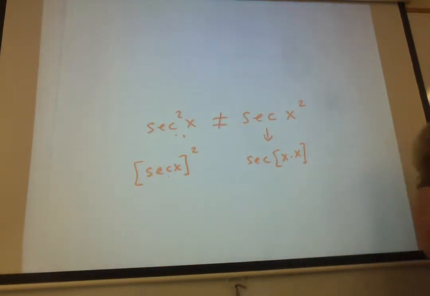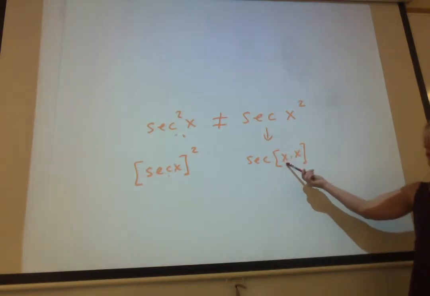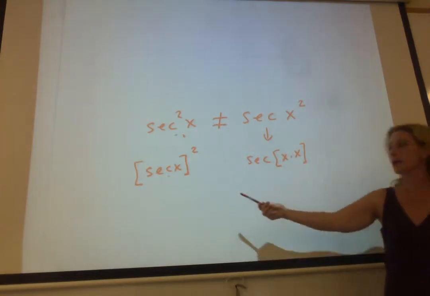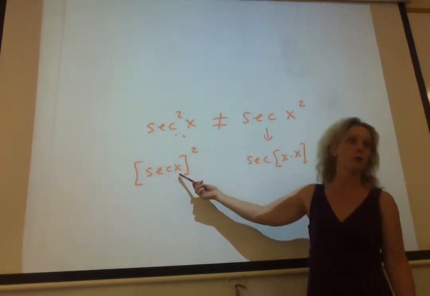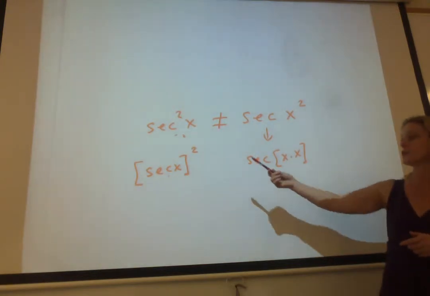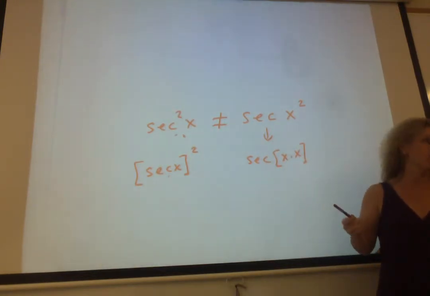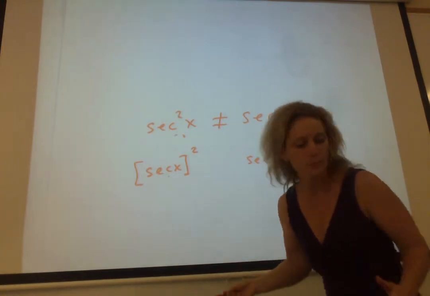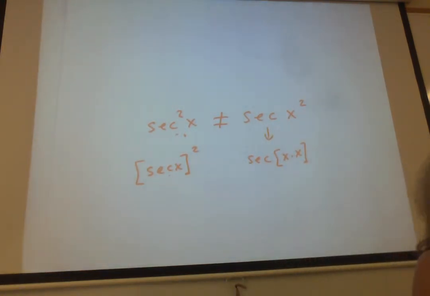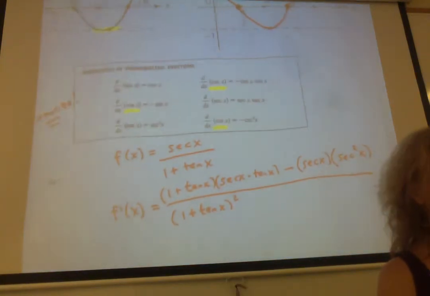In that situation, it happens to be the same, because 0 times 0 is 0. But if I had chosen, let's say, pi over 4, pi over 4 times pi over 4 would be pi squared over 16. Over here, it would be secant at pi over 4. They're not going to get the same answer. So it's really important to understand the difference. I know you guys talked about this in pre-calc, but just a little reminder. All right, let's go back to the problem.